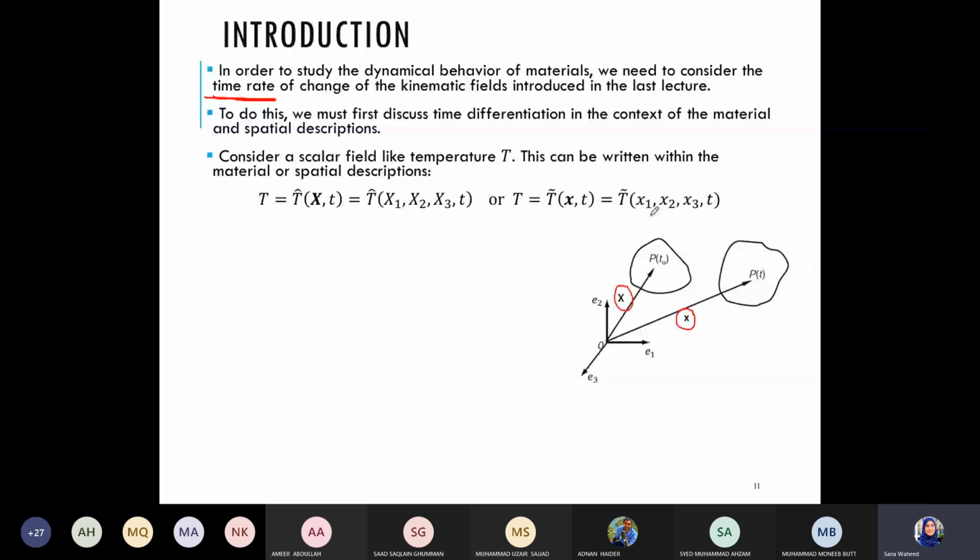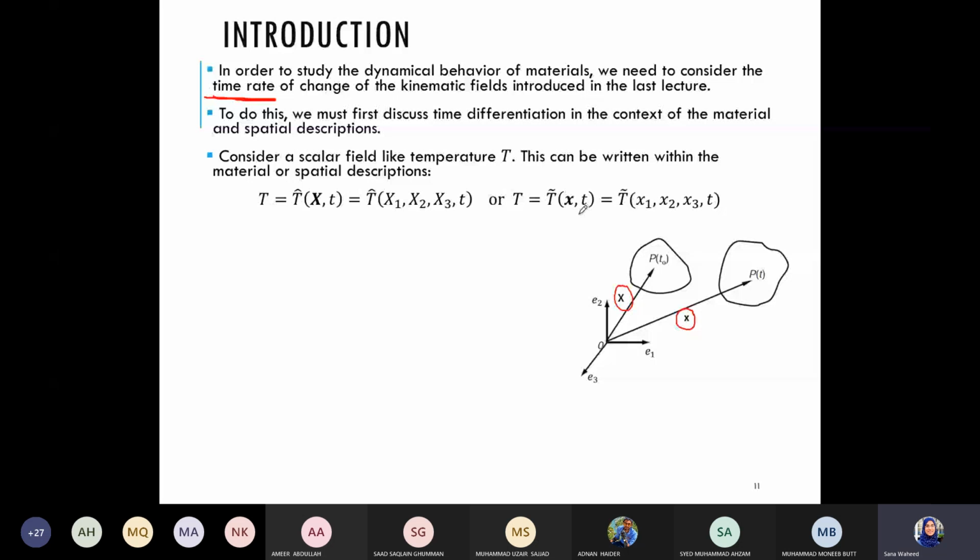Now what I'm going to do is differentiate the two descriptions. I already have the capital X and small x, but I also want to emphasize this even further, and that's why I've got a hat for my material description and a tilde for my spatial description.